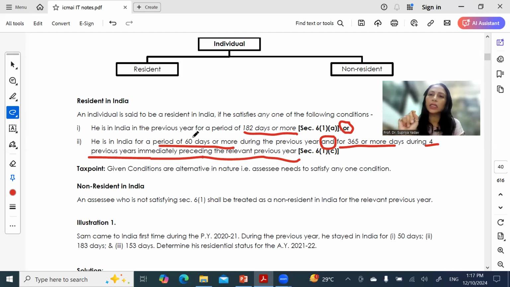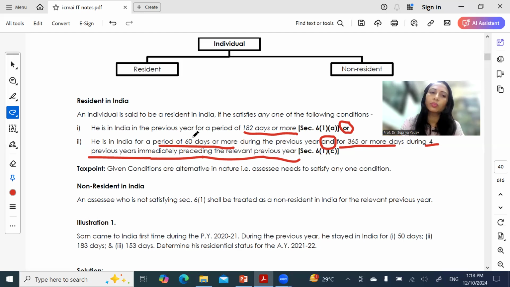So first, if he stays in India in the last year for 182 days, he directly becomes a resident of India. If this condition is not satisfied, then we check the second condition: whether he stays at least 60 days in India in the previous year, and whether during the 4 previous years immediately preceding he has stayed 365 days in total.